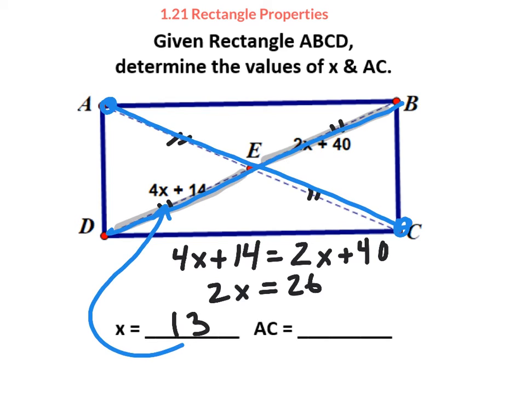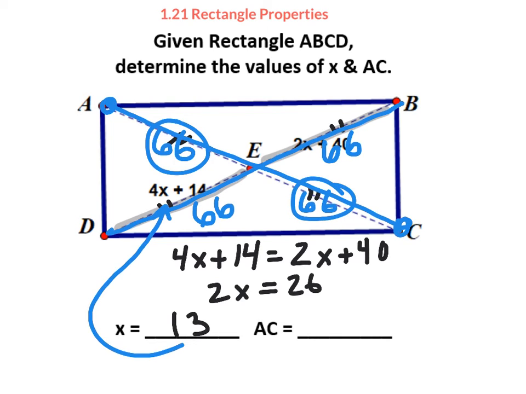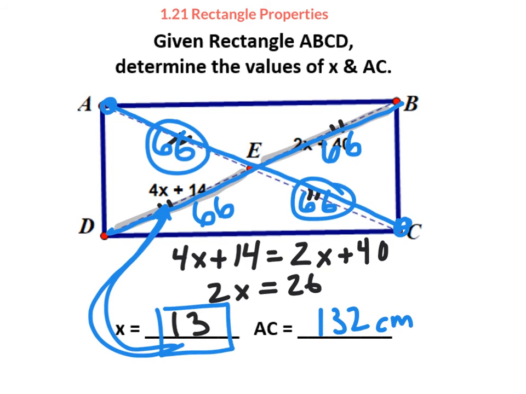And when we do that, 4 times 13 plus 14 is 66. And so this would also be 66, and so would this. So our answer to that length would be 66 and another 66 for 132 centimeters. So we found x first and then had to plug it in to find one of the distances.